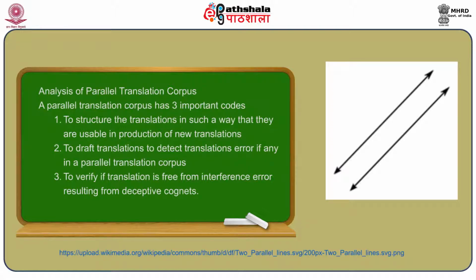Last, to verify if any translation is free from interference error resulted from deceptive cognates. For instance, we know that the Hindi word sandesh means news, while in Bangla the word sandesh means a kind of sweet. They cannot be treated or accepted as good cognates for mutual translation, although they appear similar in form in the two languages.